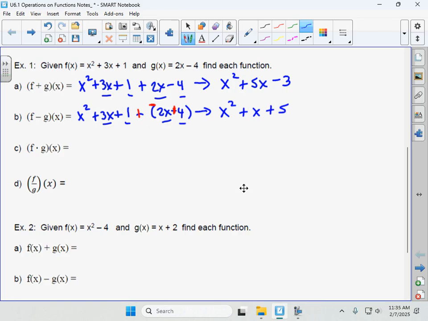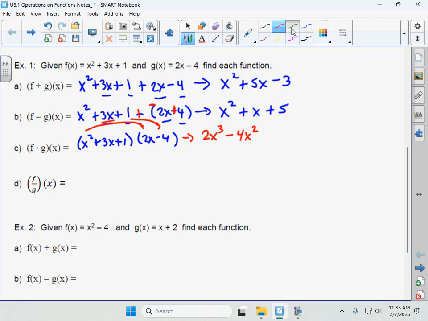All right, multiplication. We want to use parentheses on both of them this time. And here we're going to distribute. So we'll take the x squared and distribute that over. So that's 2x to the third minus 4x squared.